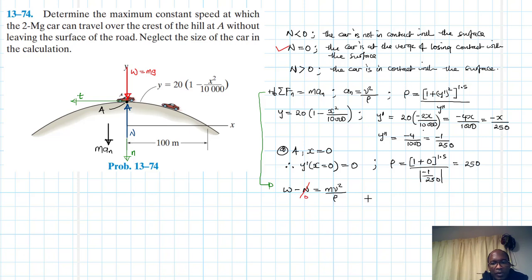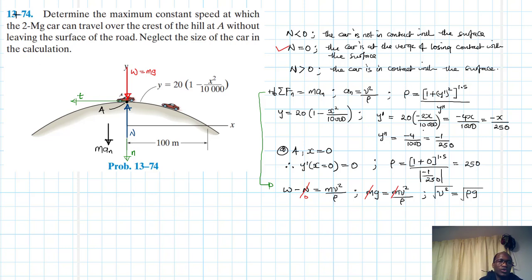If that is the case, then we can simply say our W, which is just mg, will be equal to m v squared divided by rho. So we can cancel out m and m, and what we remain with is just v squared equal to rho g. Okay, so let's take the square root of both sides.